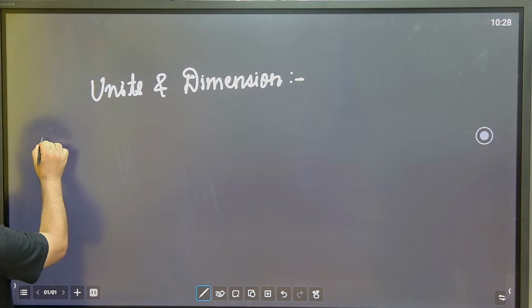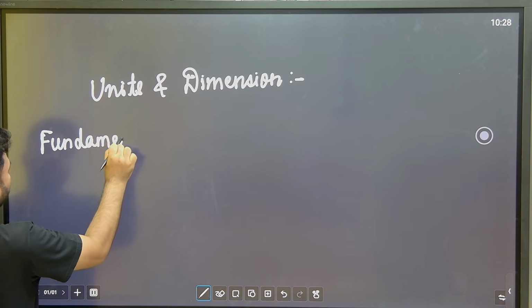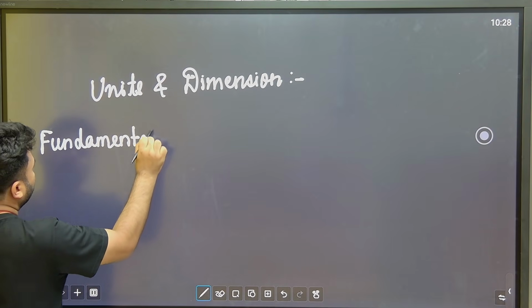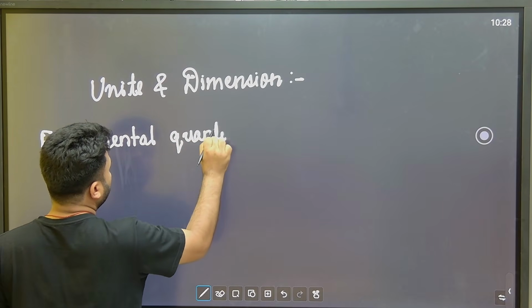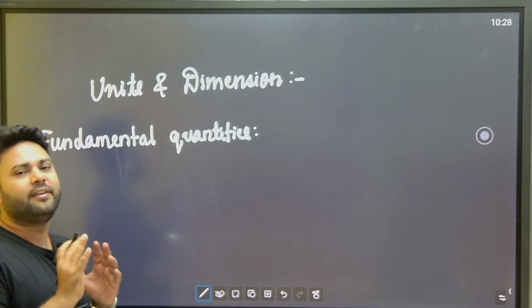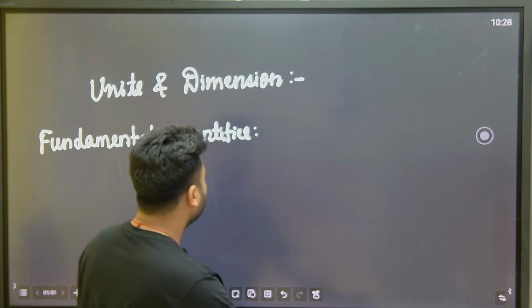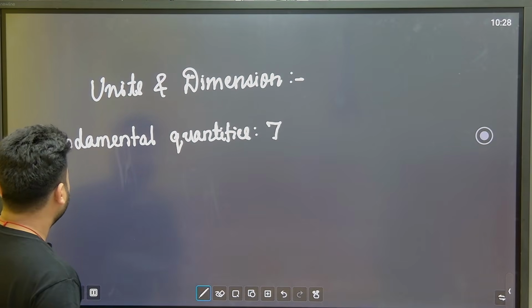See, first thing that we have is fundamental quantities. So we have a total of 7 fundamental quantities. What are they?